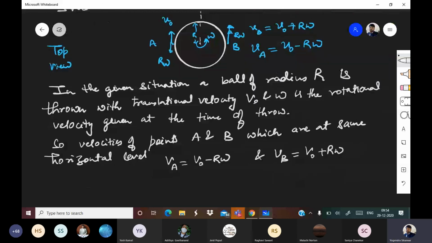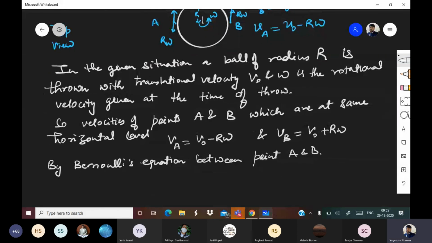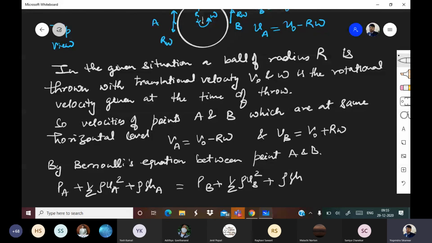Now listen carefully. I am going to apply Bernoulli's equation between points A and B. So PA plus half rho VA square plus rho GHA is equal to PB plus half rho VB square plus rho GHB.